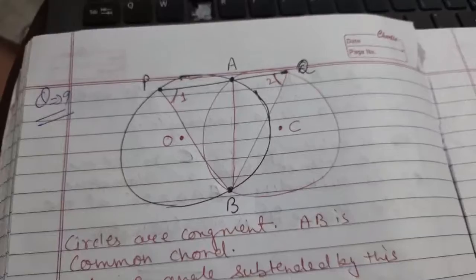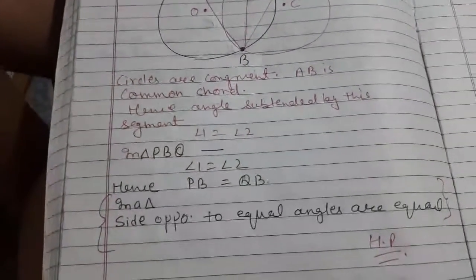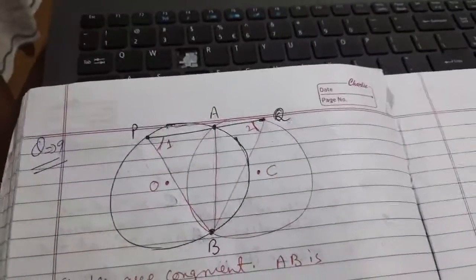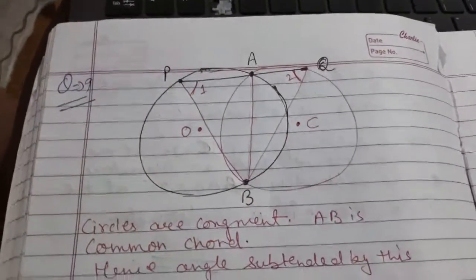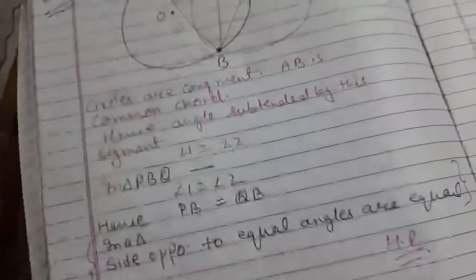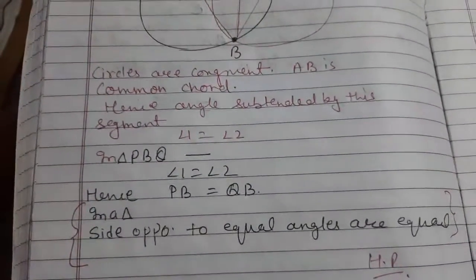So PB is equal to QB. The diagram is conceptual. First we will draw the diagram, then it will be very easy for us to understand the question. Here is the solution which I have explained in the diagram.